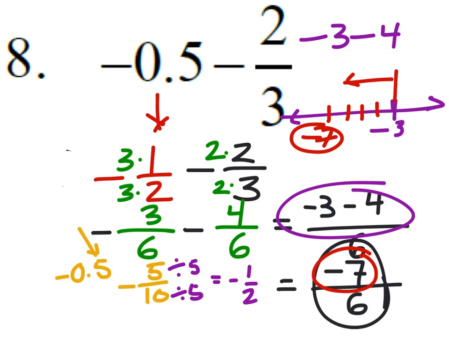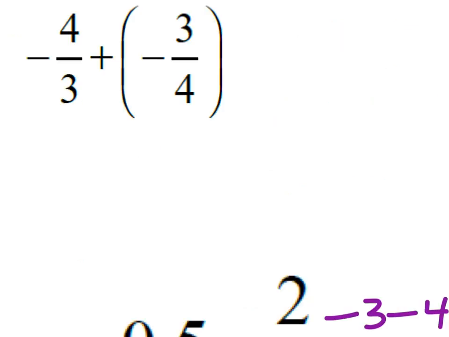Oh, so you're trying to make it easier? Yeah. It is easier, yeah. Plus, that's an extra step if you get to this answer, right? Like, how many times does 6 go into 7? Once. How much is left over? That's a lot of extra work that we don't really need to do. So, there you go. Good luck.